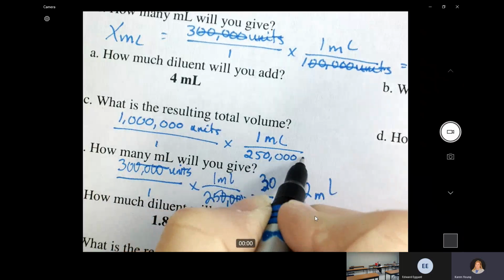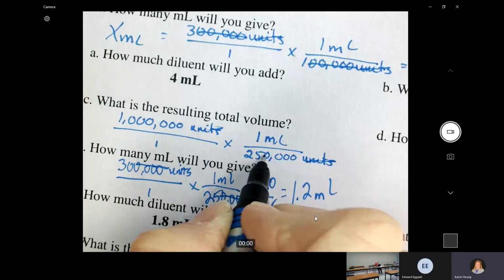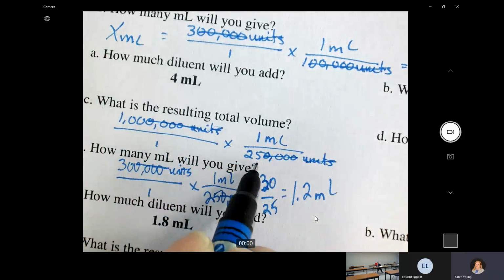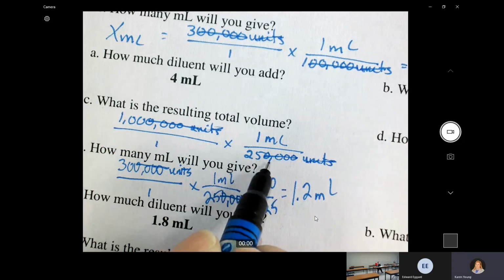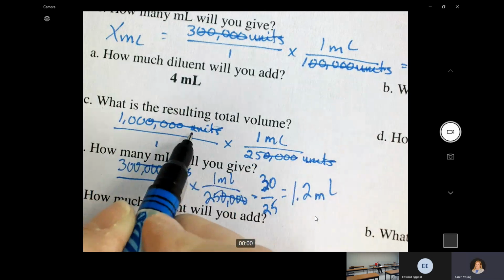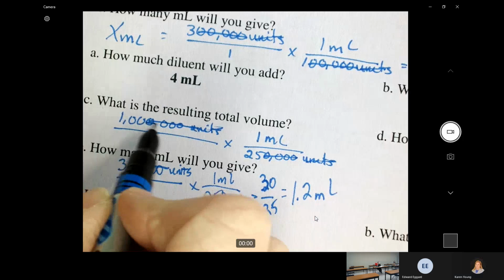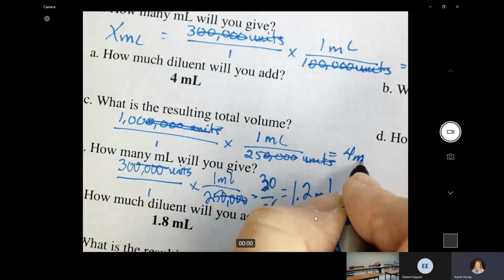I should have done this one in my head, as I can cancel 4. So I have 1,000 divided by 25. 200. Yeah, because I didn't cancel enough. 3, 4. Yeah, that's 100. I can't read right. So 100 divided by 25, and I have 4 milliliters.